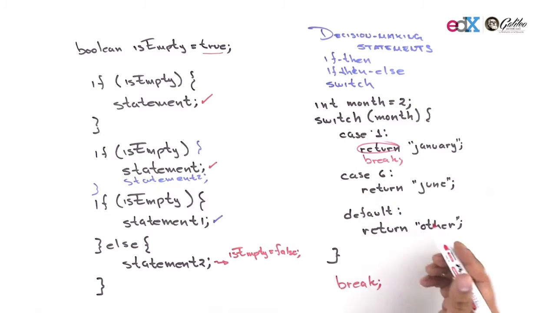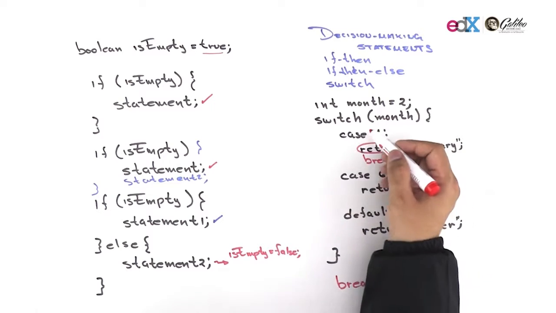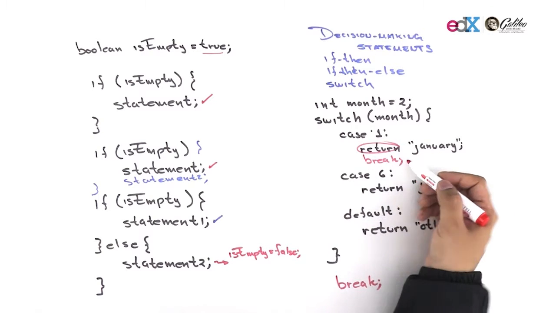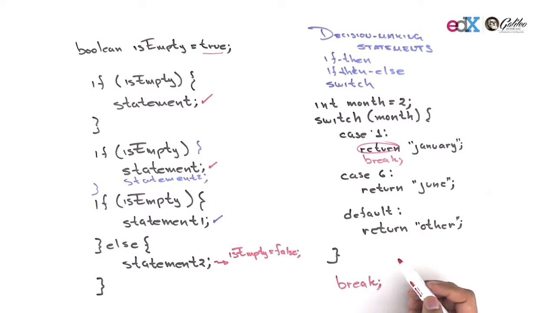But I have the case 6. First, I will evaluate 1. I will not enter the statements in the case 1, and I will continue evaluating the next number to find the case that I need. In this example, the 6, you have to put the word break in the case that you need to break.